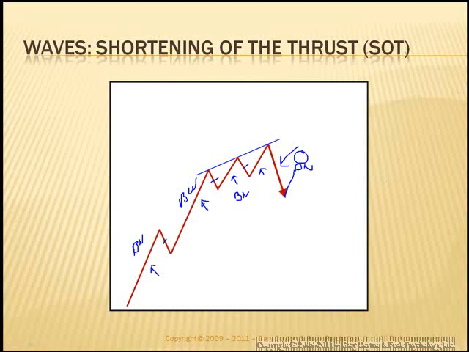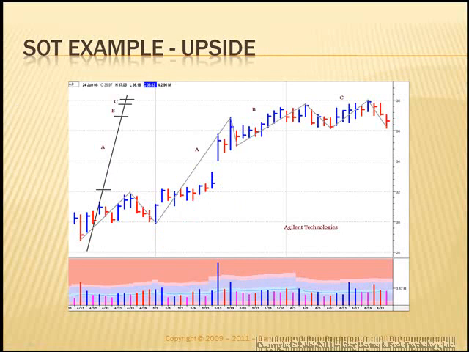Okay? So let's take a look a little more carefully here. Here's a stock way back when, Agilent Technologies. You can see that this market's moving up. And one way to help with identifying shortening of the thrust is to use this kind of a graphic.